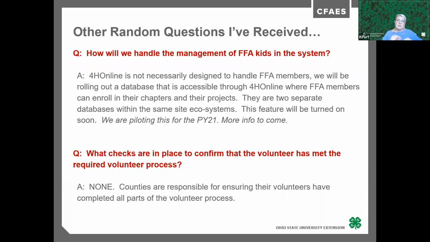If we have kids that are 4-H members, but are also FFA members, they will have a profile in each section. The reason we're doing this is because we need to be able to sort out what kids are taking what projects through which program. I know a lot of counties need to know for pen assignments or weigh-in information.